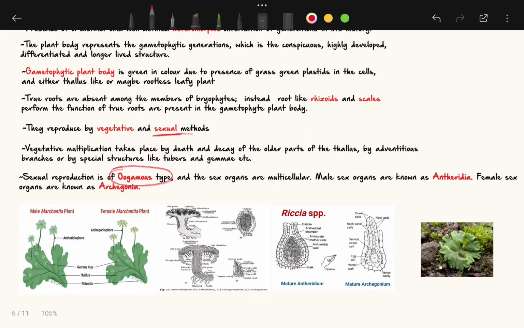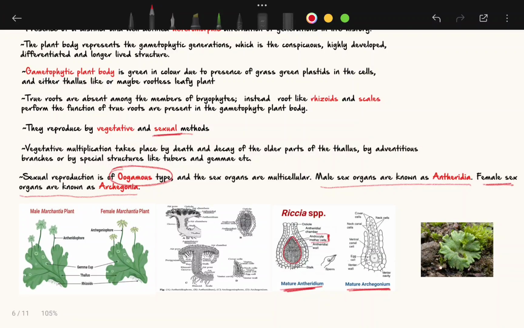Now, the male sex organ in bryophytes is known as antheridia, and the female sex organ is known as archegonia. The male sex organ is surrounded by a single layer of sterile cells, and inside this you'll find the androcyte mother cells.